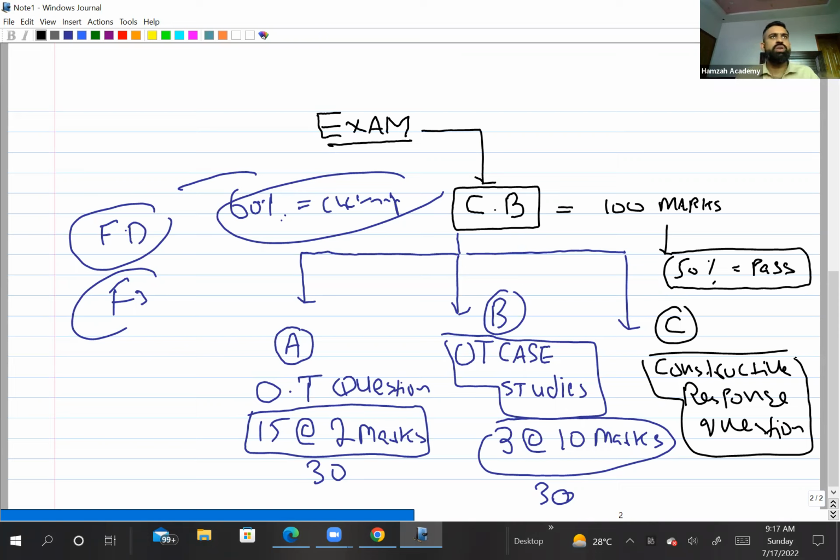There might be a question on consolidated financial statements or final accounts, or we might have a topic of ratio analysis, or preparation of financial statements. So we have such types of questions, and there will be two questions, and each question will carry 20 marks. So here we have a total of 40 marks in the constructive response questions, and that's how the 100 marks will be completed.